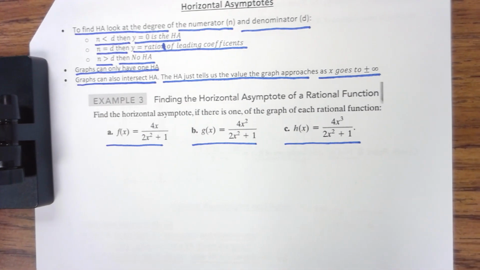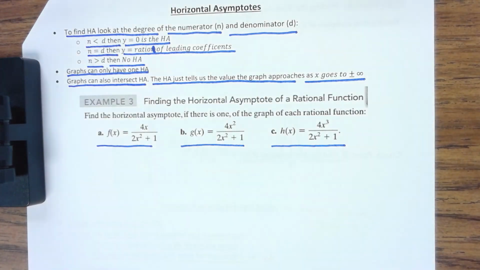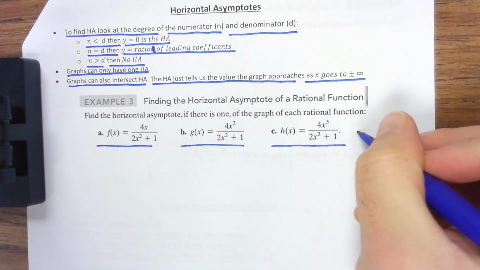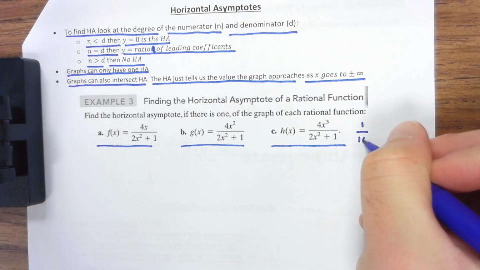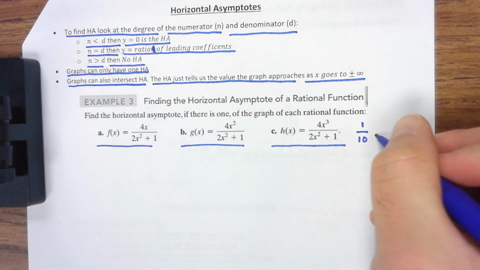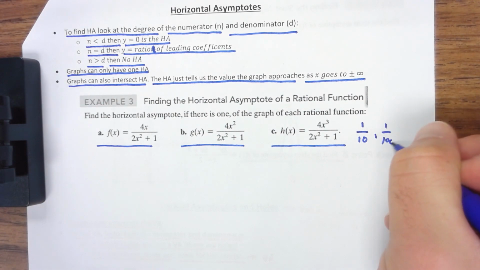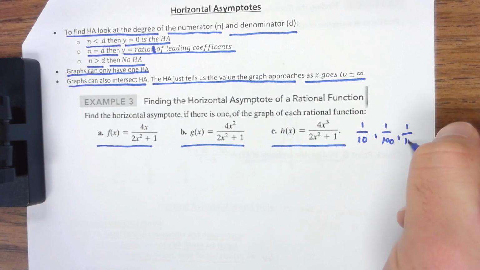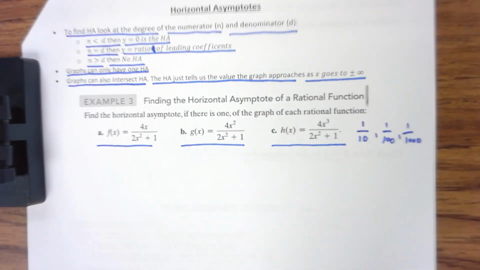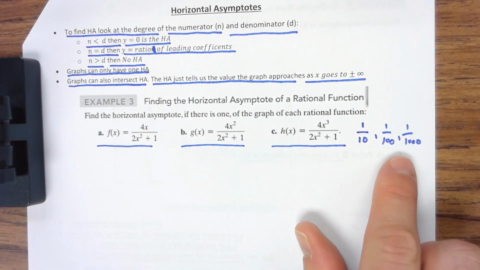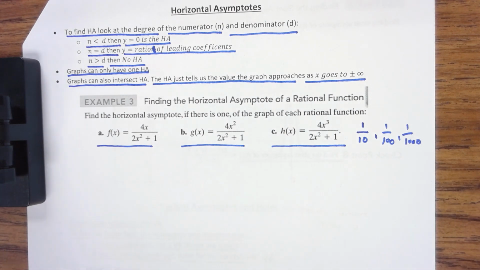And think about what happens as the denominator gets bigger than the numerator. So let's just take an example of like 1 over 10. And if it grew even bigger to be 1 over 100, and then even bigger to be 1 over 1,000, well, what is this really approaching? It's approaching 0, right? That fraction is getting smaller and smaller and smaller.